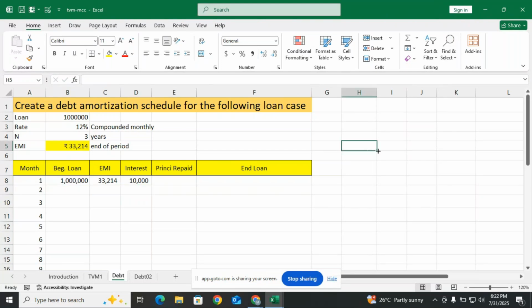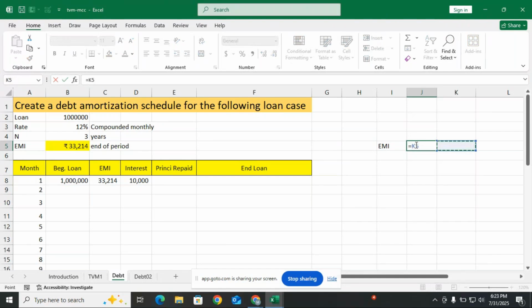Okay, so let me give here your EMI equals to, your EMI is what? Equals to principal plus interest.